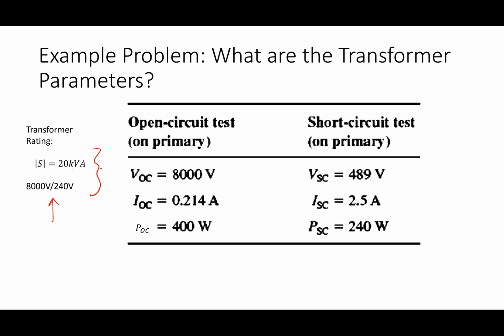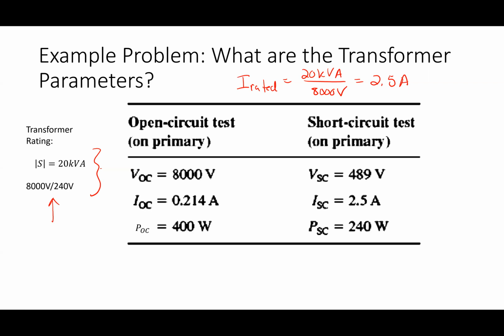If this guy's 8,000 volts and 20 kVA, the rated current would be 20 kVA divided by 8,000 volts, which should work out to 2.5 amps. That's the primary side current.